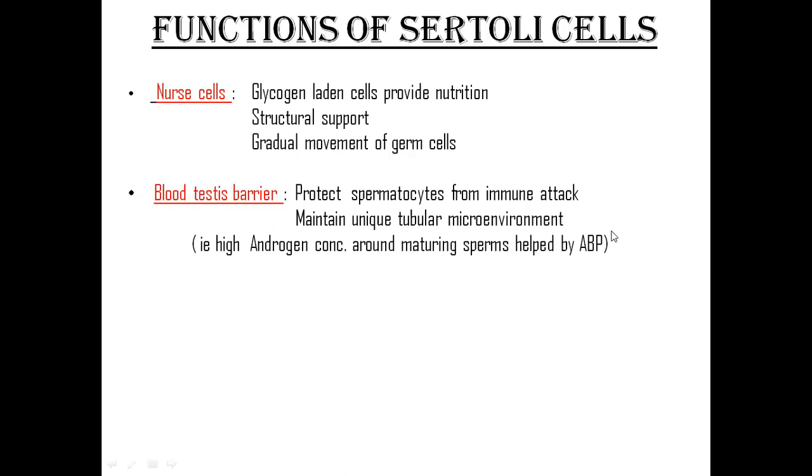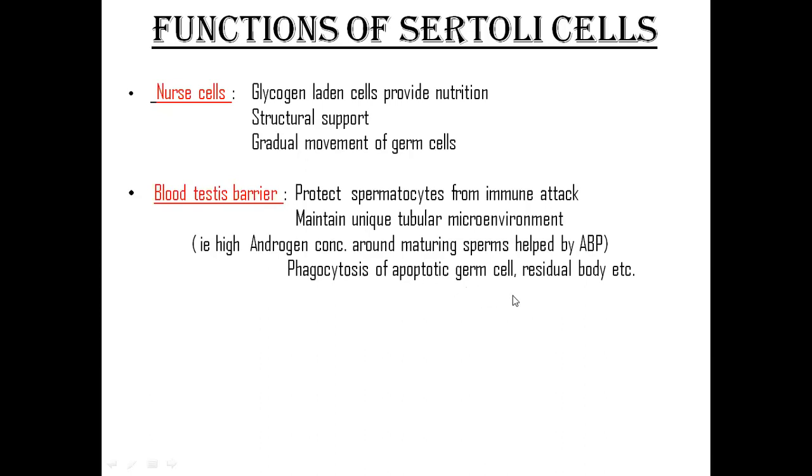And this high concentration of androgen is also helped by ABP, androgen binding protein, which is also secreted from the Sertoli cells. So this maintaining of unique microenvironment by the Sertoli cells is another very important function. Besides that, Sertoli cell has a phagocytic function. What does it phagocytose?